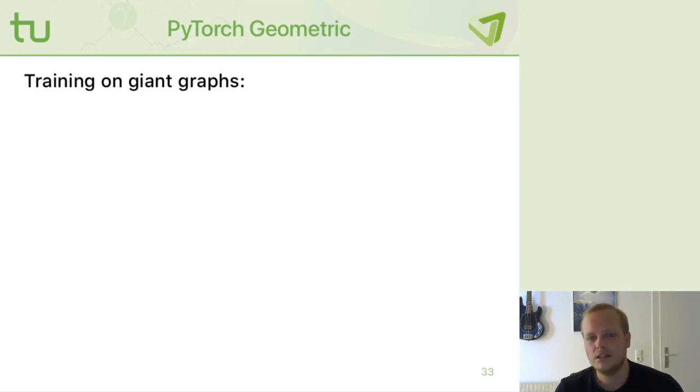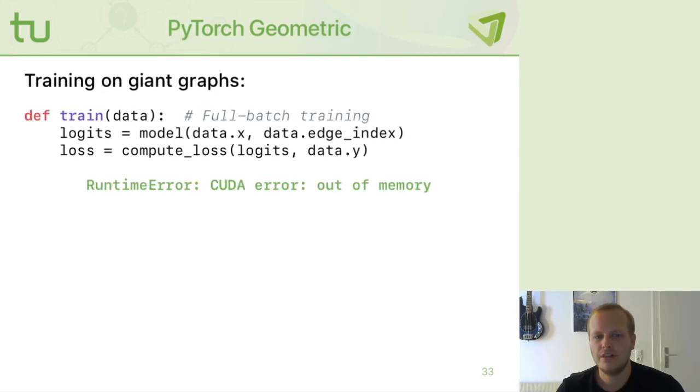Next, let's look at how one would make PyTorch Geometric scale to giant graphs. So consider the case where you have a single giant graph, and for graphs which are really big, you may encounter a runtime error saying that CUDA is out of memory.